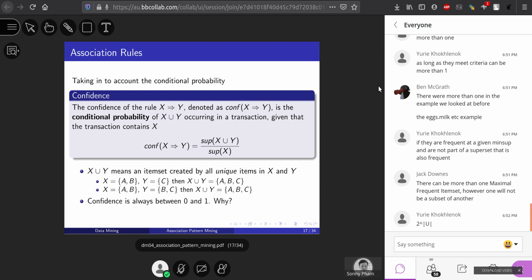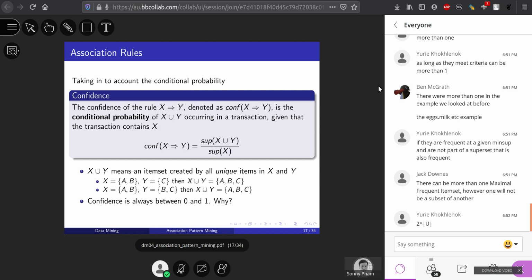And because X has happened, X and Y will also happen. So that is what I call the confidence. We use the notation conf from X arrow Y, and this is basically the support of X and Y divided by the support of X.